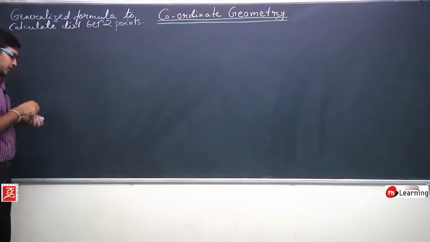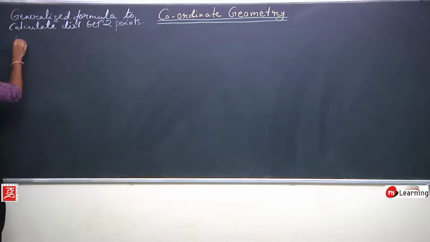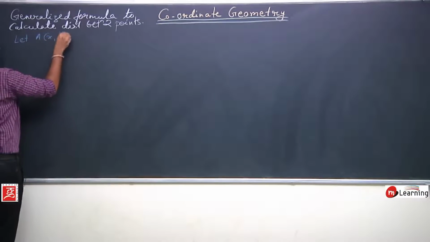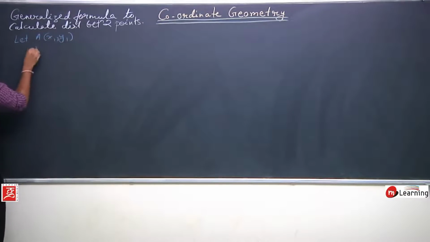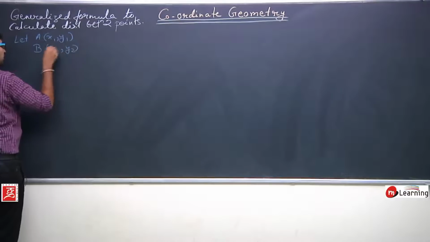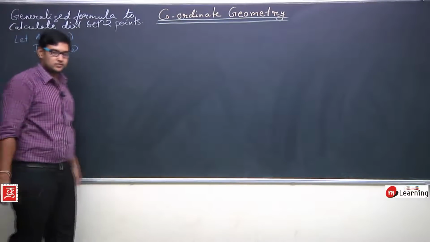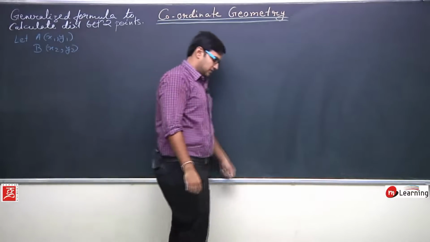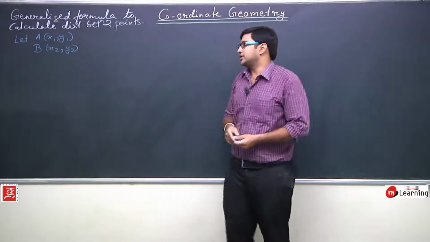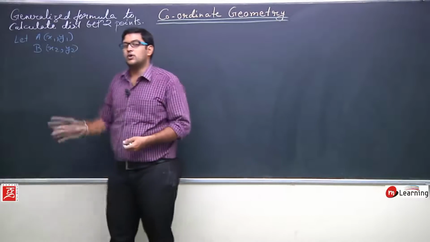Let us assume 2 points. Let A(x1, y1) be 1 point and B(x2, y2) be another point. And my task is to determine the distance between these 2 points. What I want to do? I want to determine the distance between these 2 points.